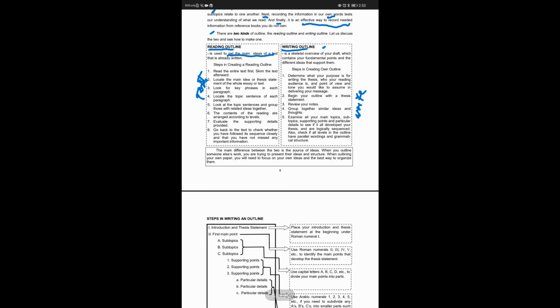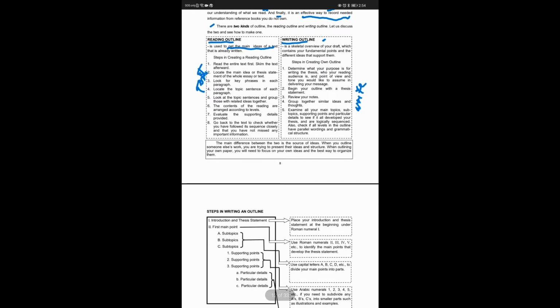Of course, you should know your purpose first. What do you want to write? What do you want to do? Why are you writing it? Who will read it? Who are your audience? Will they be your teacher, your classmates, or everyone who might read your paper? So, it should be clear to you first what your purpose and other things are that you will be considering before writing your own paper.